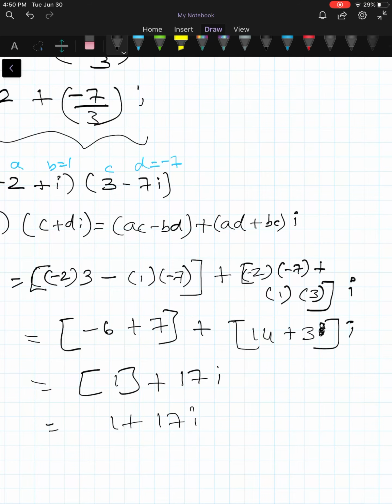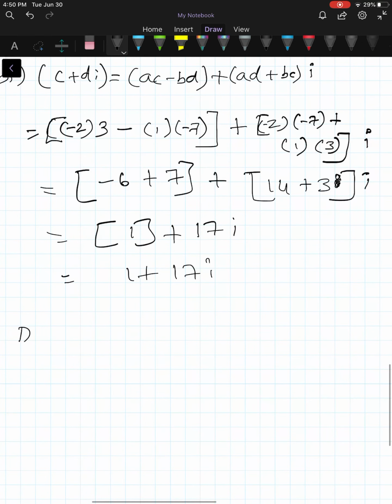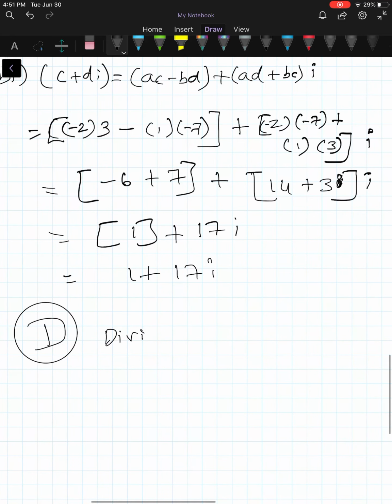So now I will define dividing complex numbers. This is where you apply what you learnt about rationalizing denominators or numerators, that you apply while you divide complex numbers.